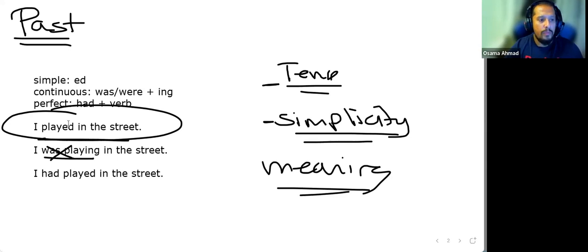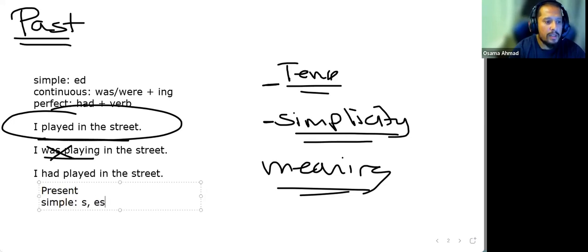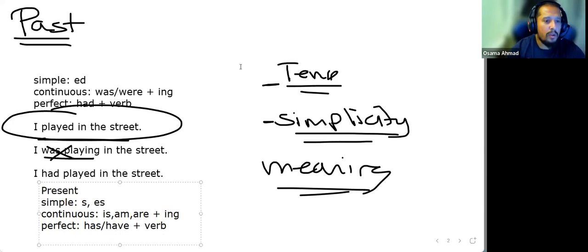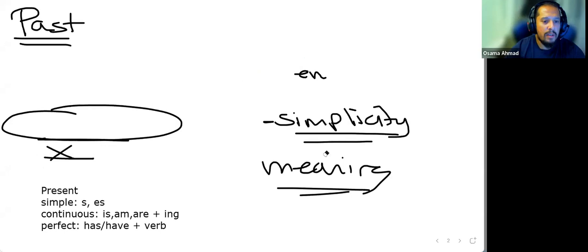So we talk about present tense. Again, there's the simple form, with -s or -es. There's the continuous form: is, am, are plus -ing. And the perfect form: has or have plus verb, right? So for example, similar to what we said in the previous examples.